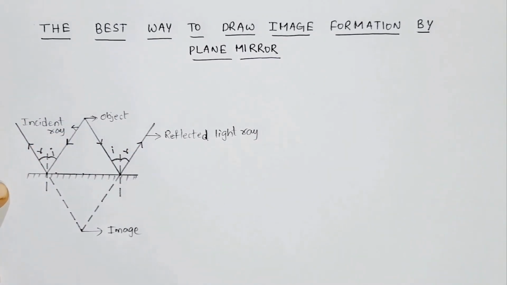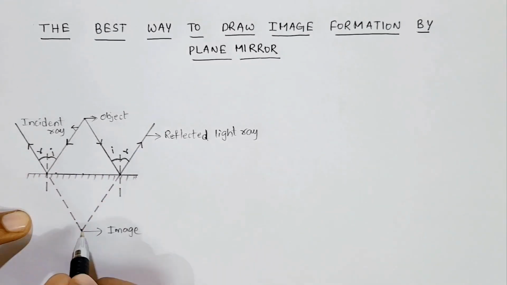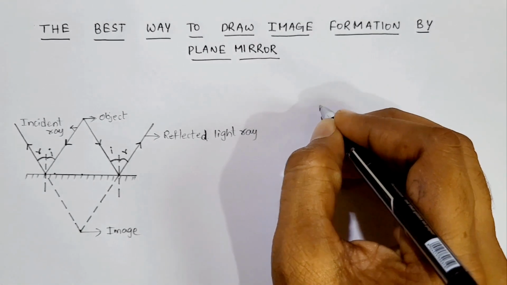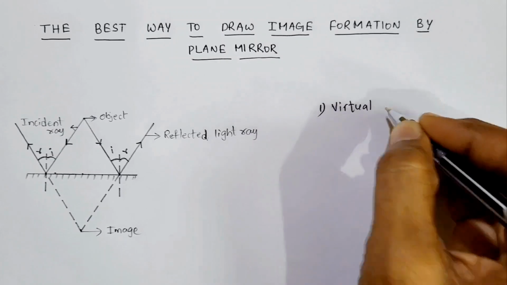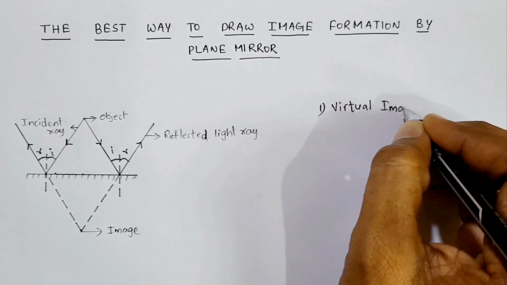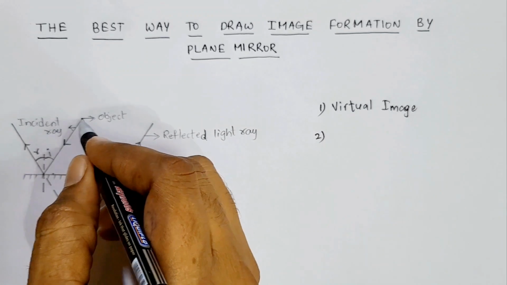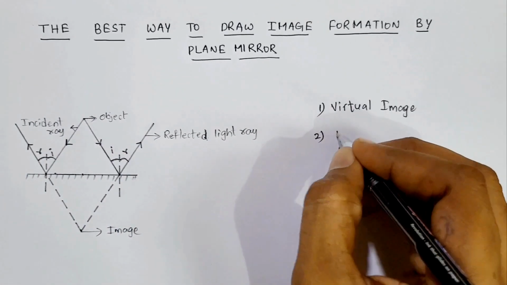Now coming to the characteristics of the image formed by the plane mirror. In this image, if you see, the reflected light rays are not actually meeting. If the two reflected light rays are not actually meeting, we call the image a virtual image. The image will be virtual, and the object distance from here to here will be equal to the image distance.